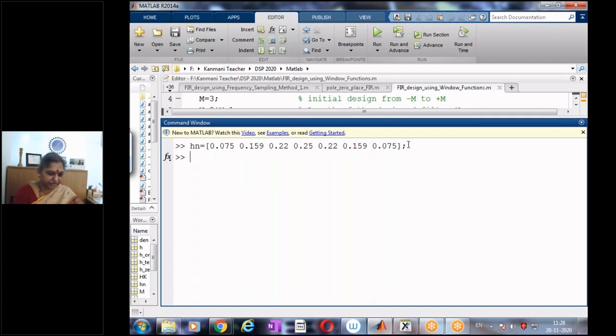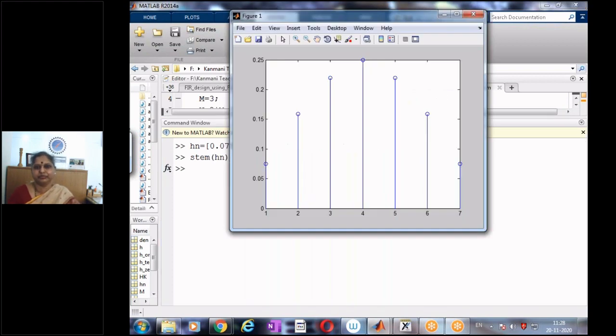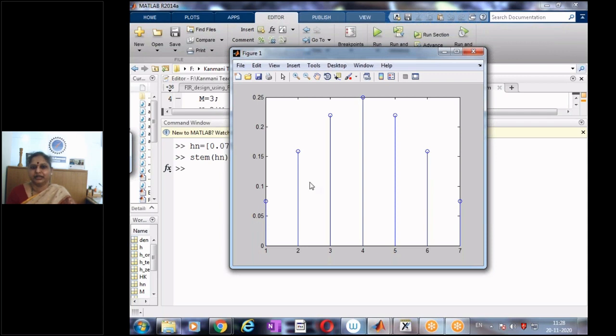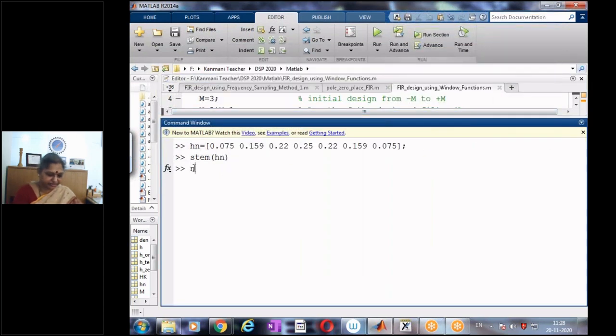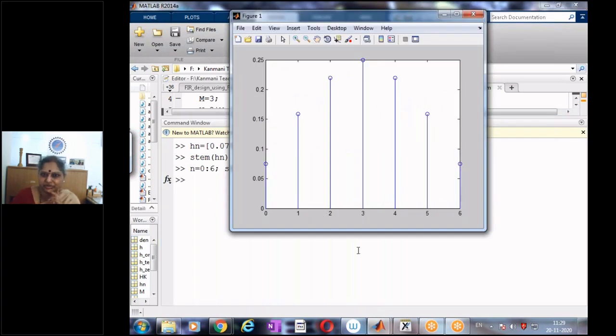So this is it. Let me look at my impulse response. I can simply plot h and see my impulse response of the designed filter. It goes in this manner. And of course, I need to define my n. n goes from 0 to 6, and then I plot a discrete plot of my sequence. This is my impulse response that goes from 0 to 6, and it is a causal system.